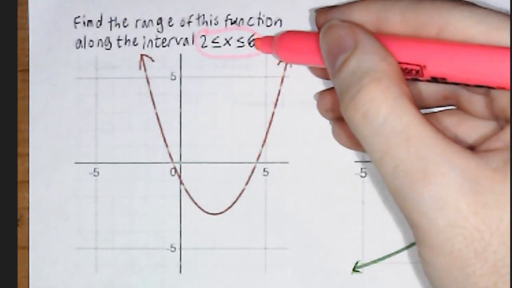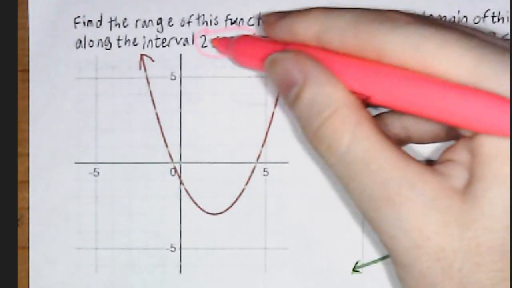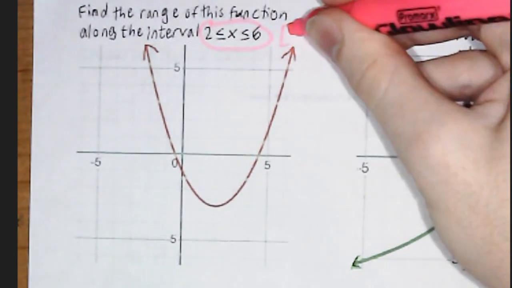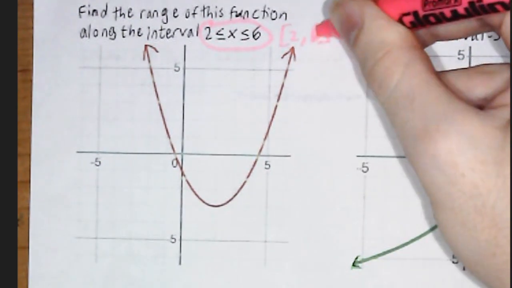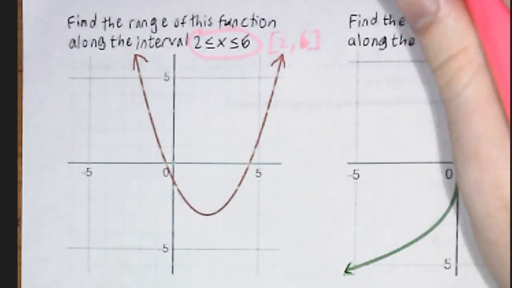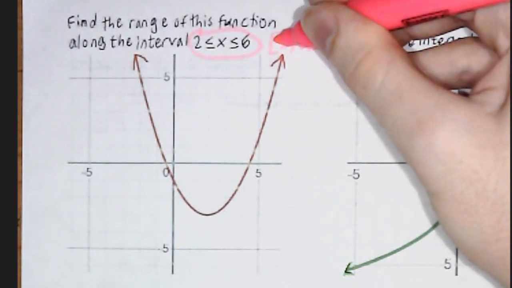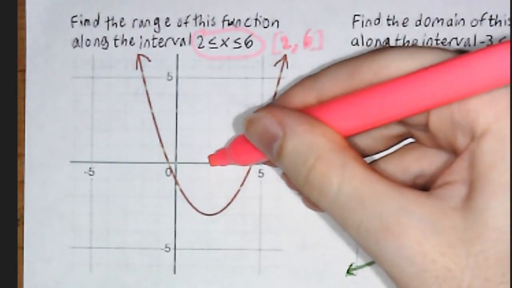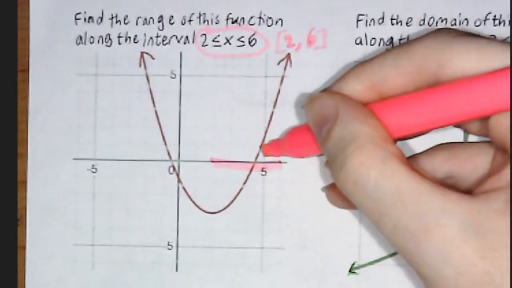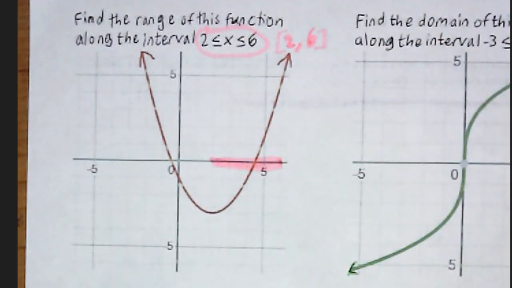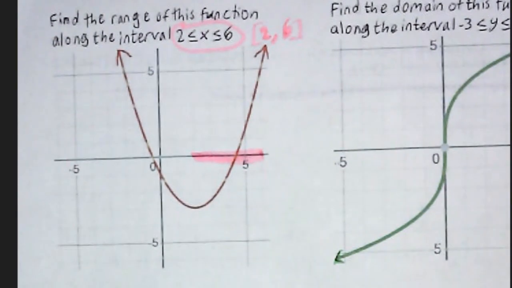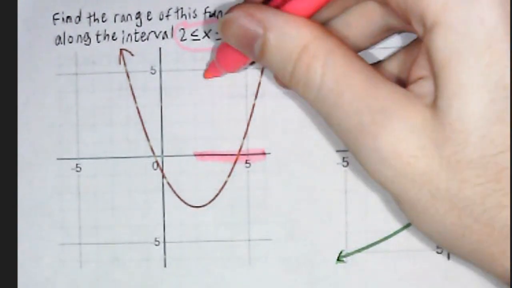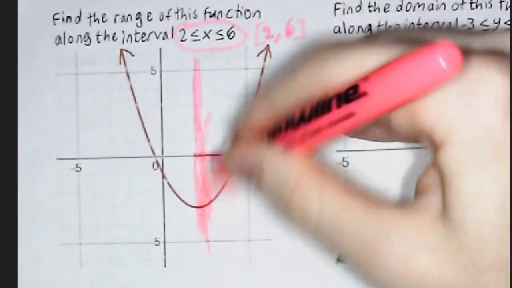Now, from 2 to 6, this is all of the x values from 2 to 6. This is essentially the same thing as this interval here. So we're looking at all of the x values from 2 to 6 right here, and we're looking for what the range is along these x values. So in other words, we're only looking at the part of the graph that's in this area here.